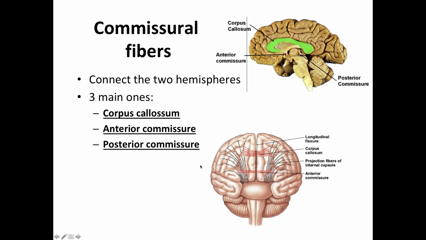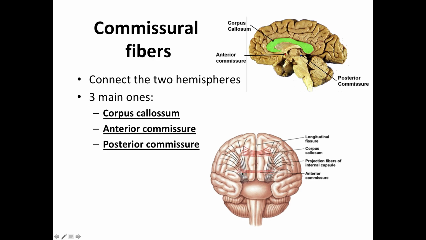In this image, this is a coronal view. Here you see the anterior commissure. So where do you think the posterior commissure would be? Right behind it. If you go deeper into the brain, the posterior commissure is right behind here.